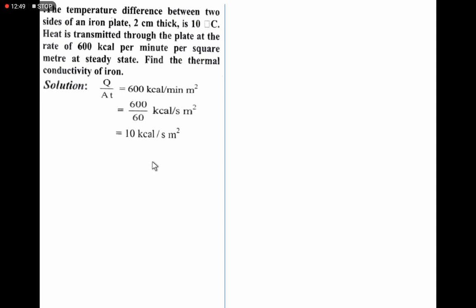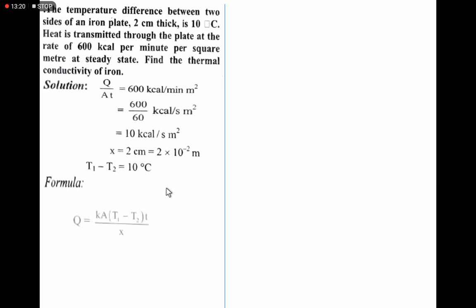Now the distance between the faces of the iron plate is given, 2 centimeter. So we'll write x is equal to 2 centimeter. Again we have to convert it into meter. It is 2 into 10 to the power minus 2 meters. And the difference in temperature is given. It is 10 degrees Celsius.